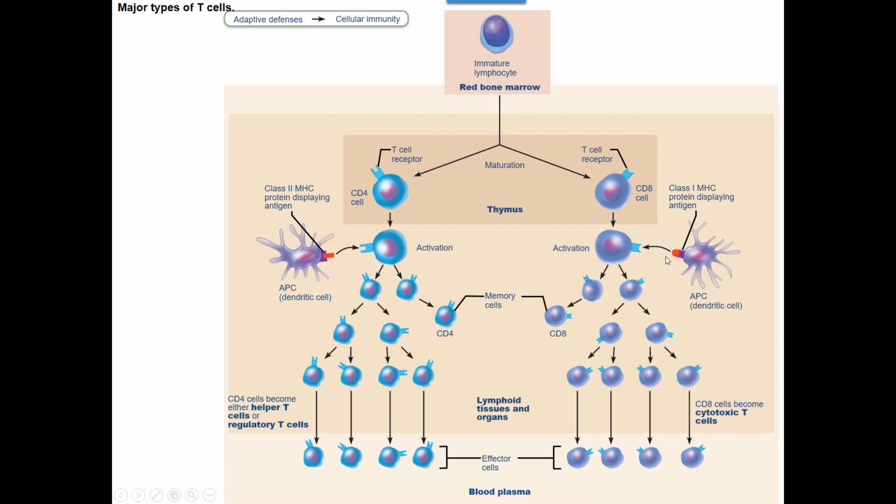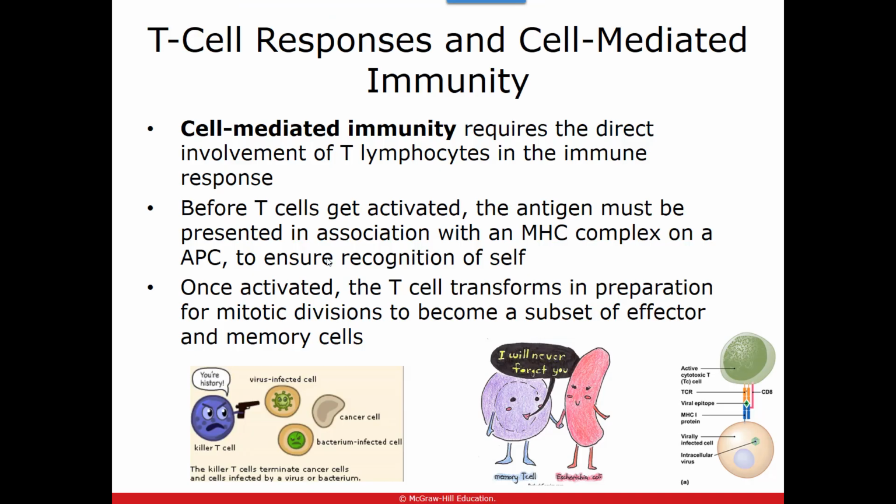So the cell-mediated immunity is going to require direct involvement of T cells in the immune response. So it involves T cells. But again, before that T cell gets activated, the antigen has to be presented on an MHC complex.